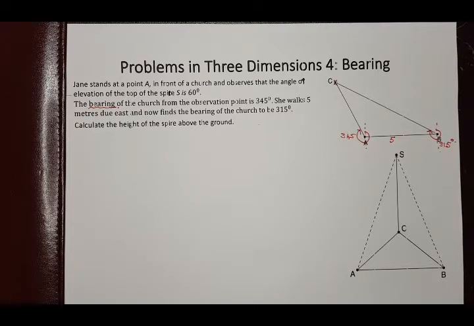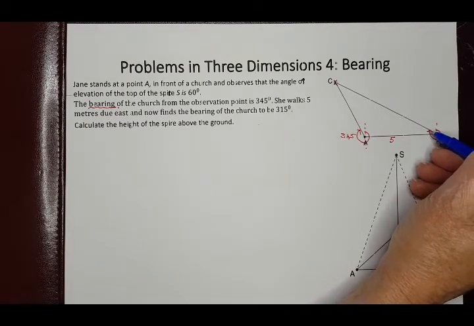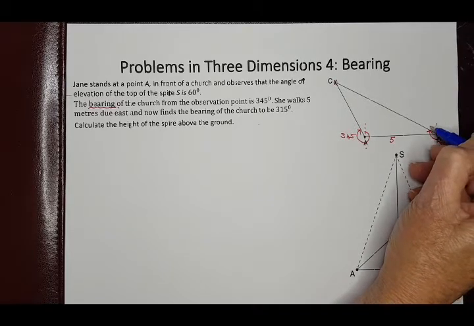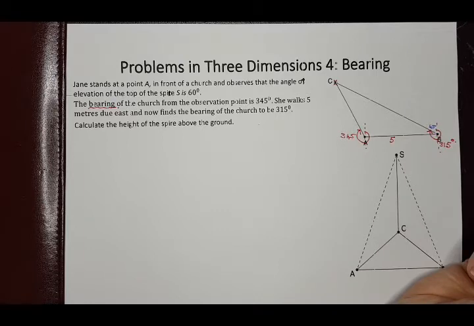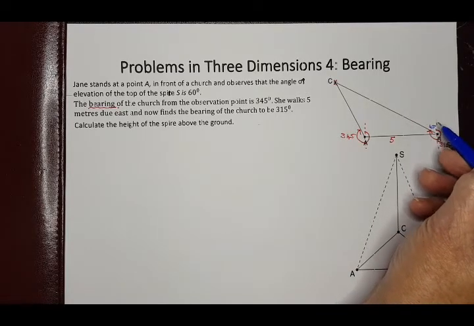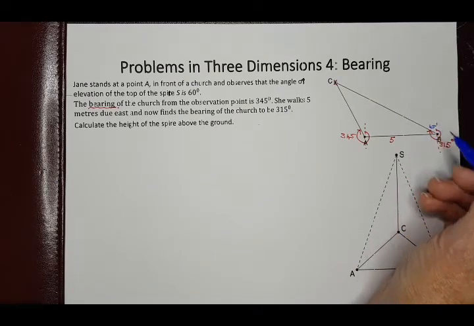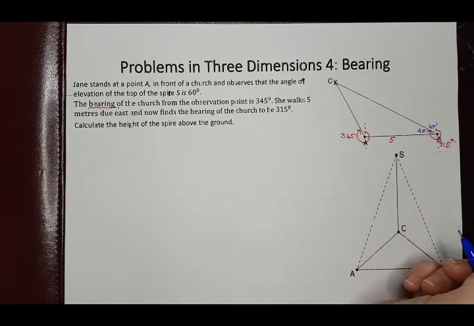If this angle is 315, then it must mean that this little piece over here is 45, just short of a complete revolution. This angle from north to west is 90. So this angle inside my triangle is 45 degrees.